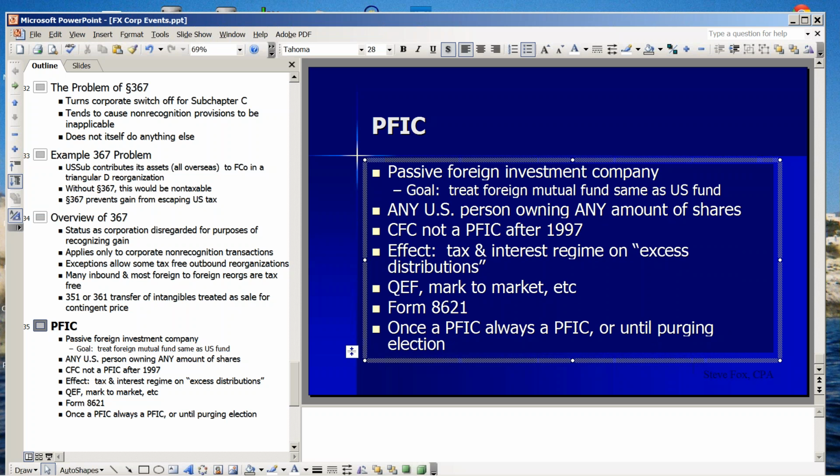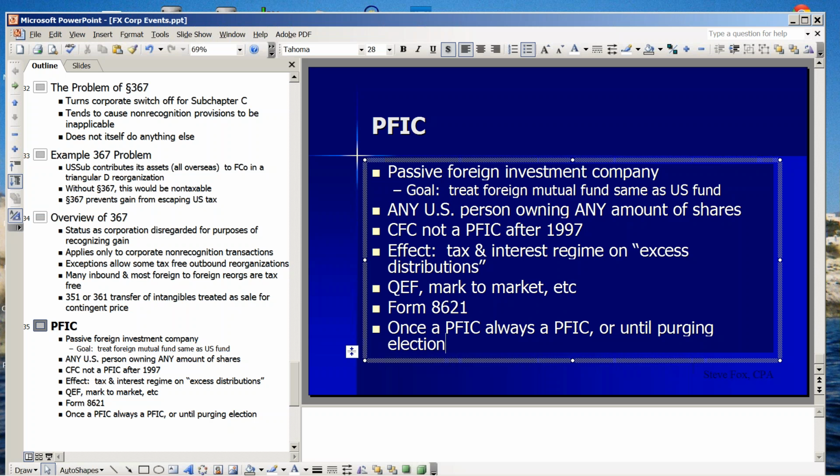So this is kind of a brief overview of PFICs. If you want more details, I've published a link to my article with Bob Feinschreiber from, are we ready for this? 1992 on PFICs. And most of the rules are exactly the same.